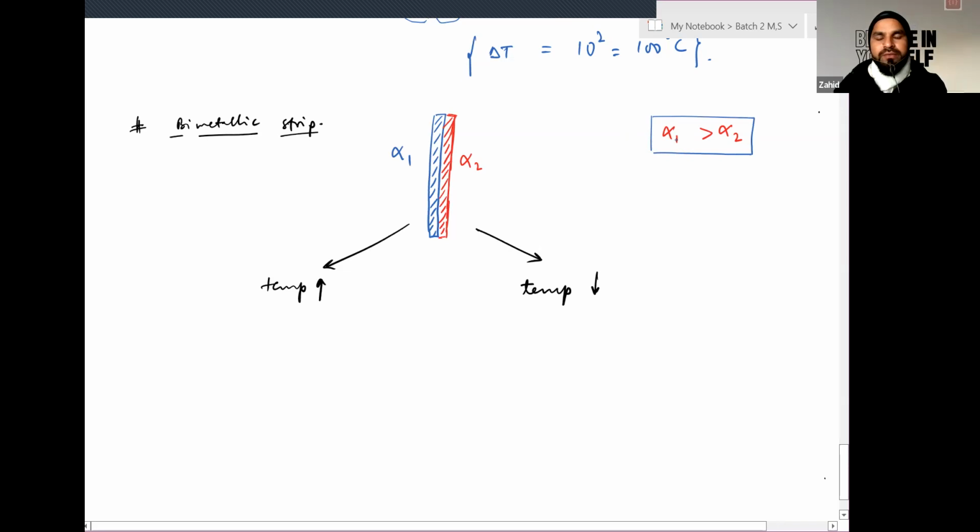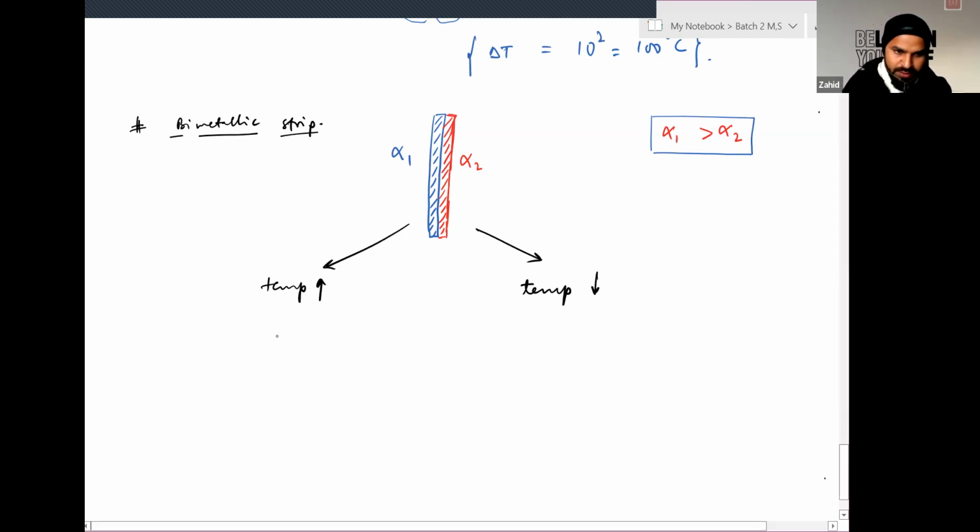This alpha, the coefficient of linear expansion, simply defines the rate at which it expands with respect to change in temperature. So since alpha 1 is greater than alpha 2, there will be more expansion in the blue rod as compared to the red one.